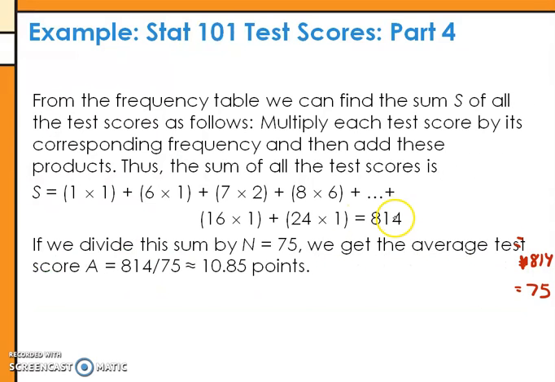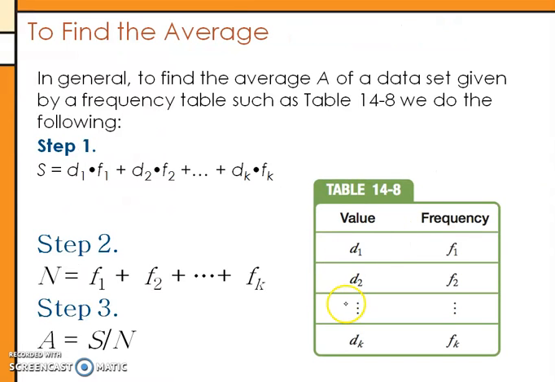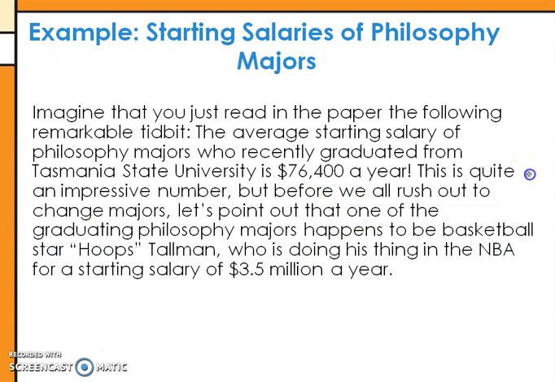So the average is the total of 814 divided by 75, so 10.85 points. And so if you want something in general, you do the value times how often it's in there, and then add those all up and divide by how many numbers there were.